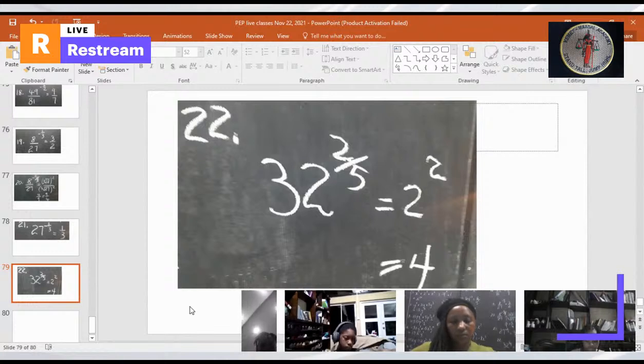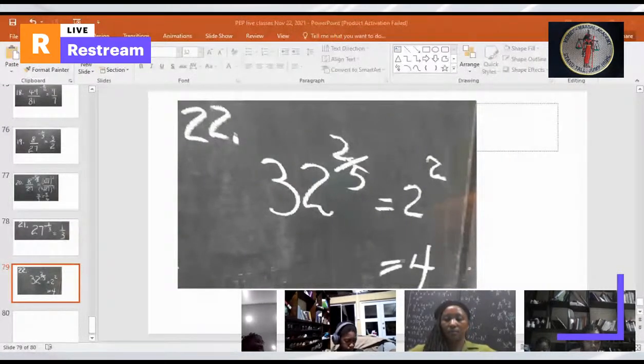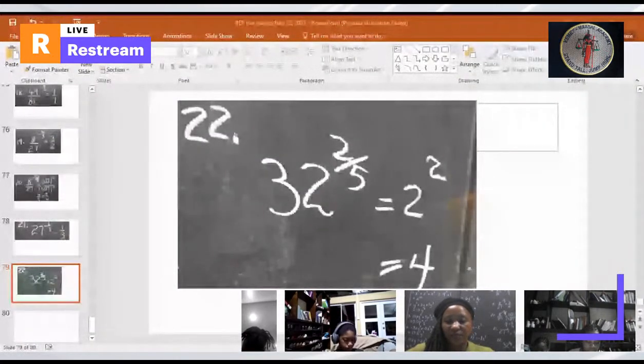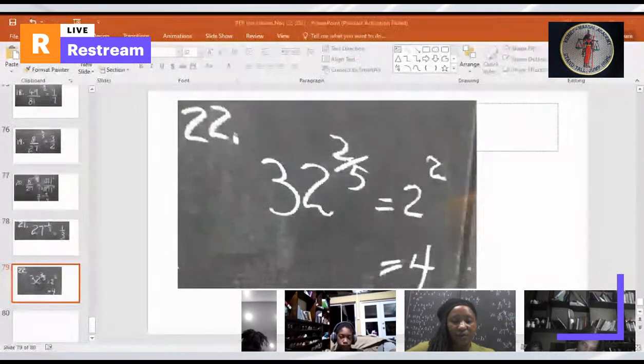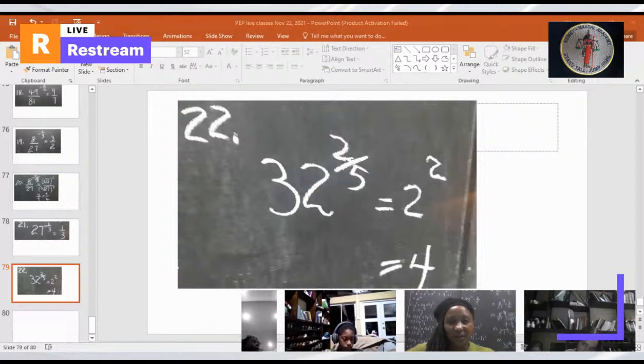So miss, you'd find the 2/5 root. So when we're raising a number to a fractional power, the denominator tells us the root and the numerator tells us the power that we should raise that answer to.